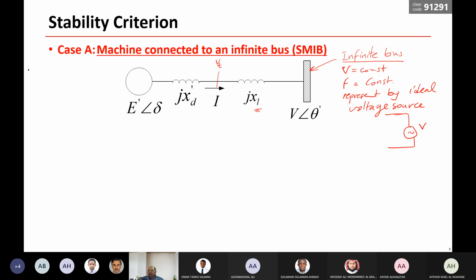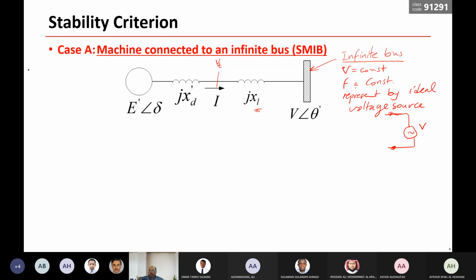There is no internal impedance. This is why the voltage is constant. Whatever the current drawn from the infinite bus, the voltage here is constant.